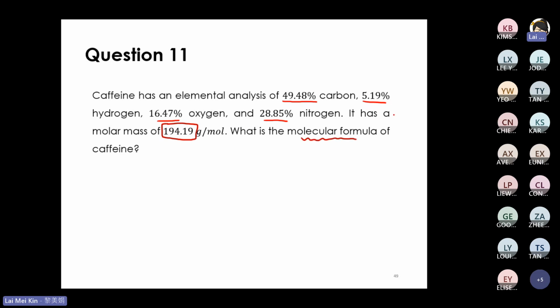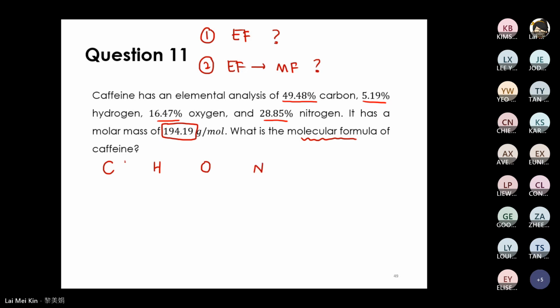So it involves multiple steps. First, you have to find from the percentages what is the empirical formula. And then from the empirical formula, you find what is the molecular formula. You have carbon, hydrogen, oxygen, nitrogen.